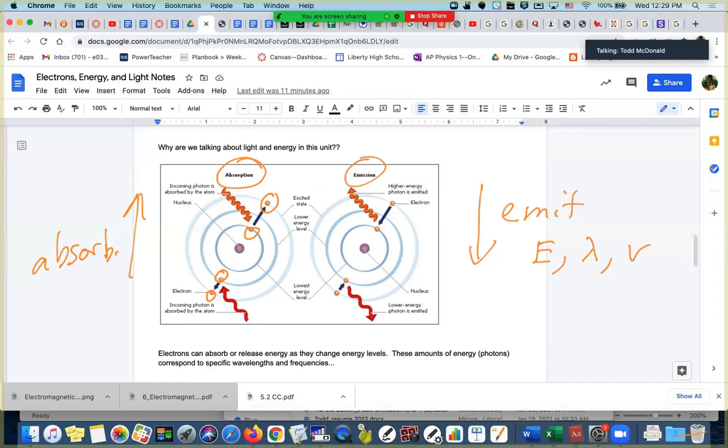And we're talking about the fact that electrons can change energy levels, and we can actually see this happen when light is given off as electrons fall to different energy levels. Okay, so electrons can absorb a specific amount of energy, and these corresponding wavelengths and frequencies is something that we actually can observe.